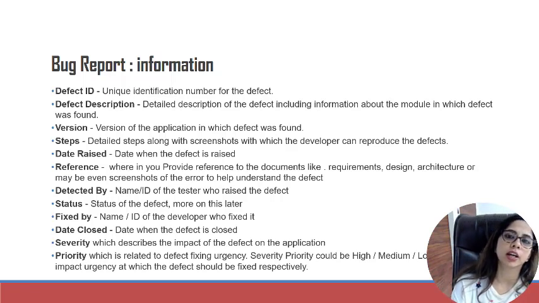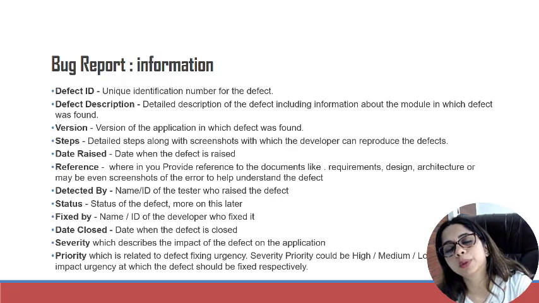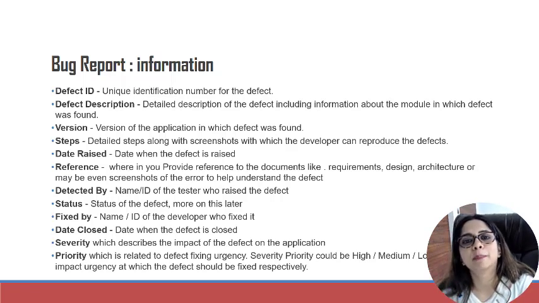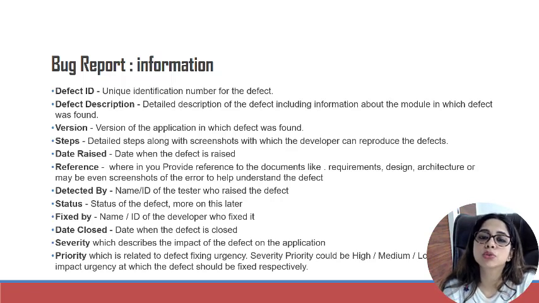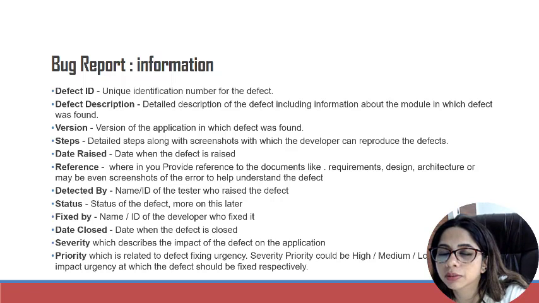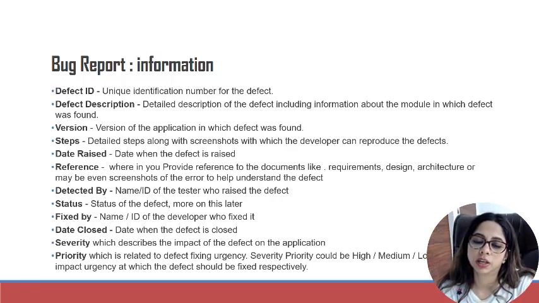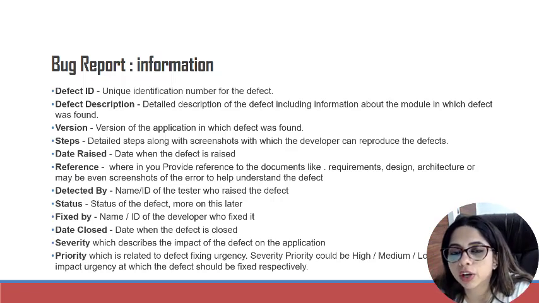Priority, on the other hand, is related to how soon the bug needs to be fixed. So if severity is about complexity, priority is about how soon we have to fix it. These look like very similar terms, but they are different, and we have different examples to make you understand that. So we'll come back to that, but for now you have to understand the difference in the definition of the two.